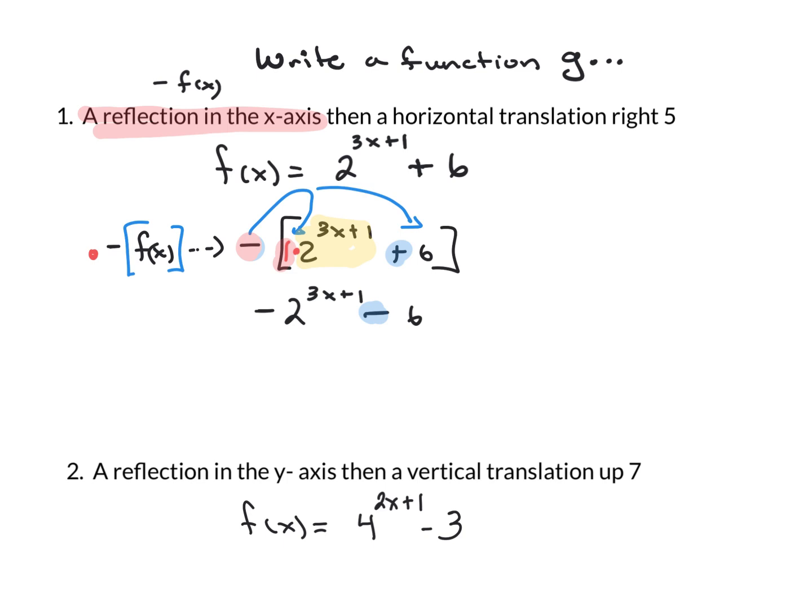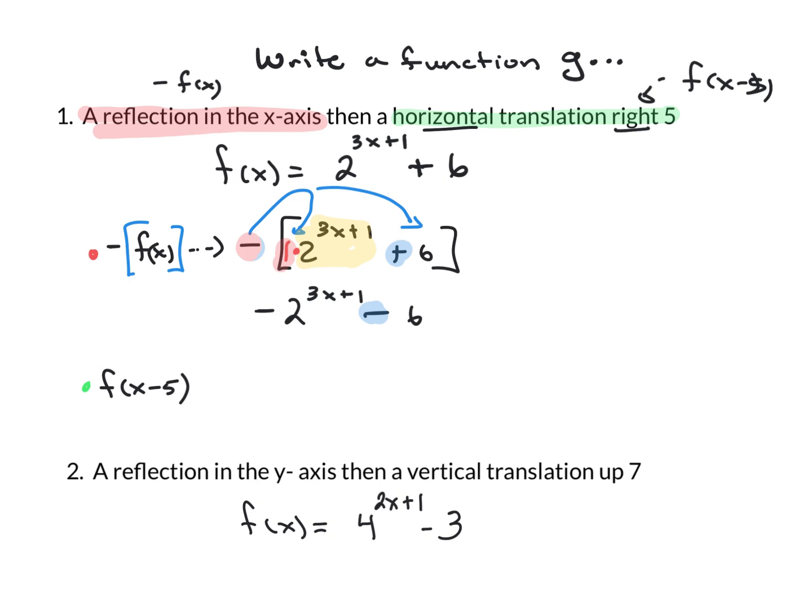Then we want to do a horizontal translation, right 5. Remember, you have to know that fancy notation. Horizontal is inside, and since it's right 5, it would be x minus 5. So the bullet we should have is f of x minus 5.